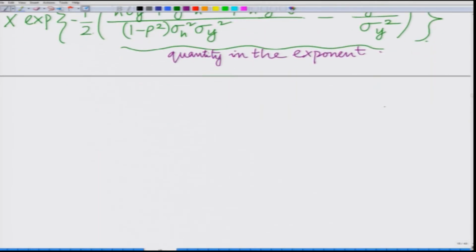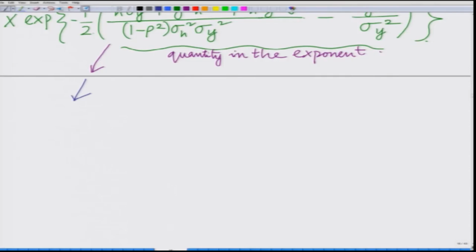Now, let us simplify this quantity in the exponent. I want to first start by simplifying this quantity in the exponent, and then we can simplify the rest of the expression later. Let me just write it down. It is a bit cumbersome, but this is fundamentally important in MMSE estimation, so it is worth going through this derivation at least once.